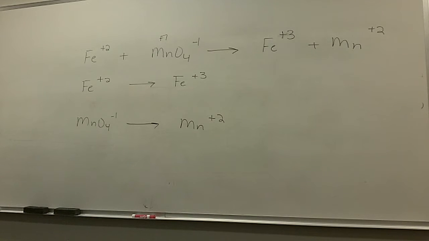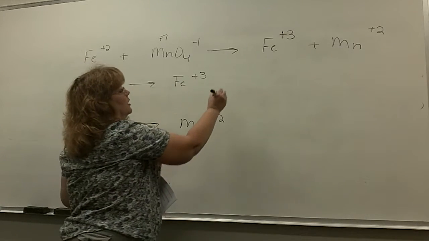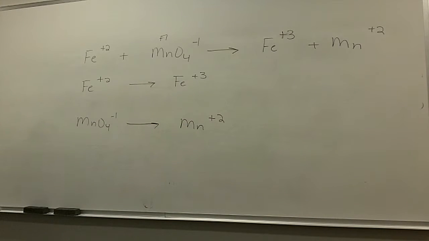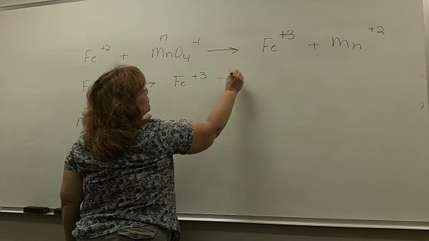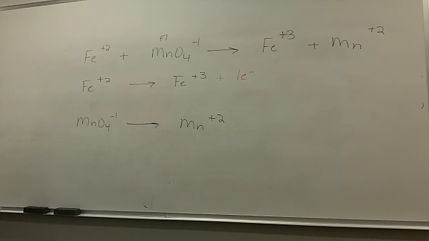But now we're going to go in and adjust the charges, right? So if I'm going from a +2 here to a +3 here, to make them the same, I'm going to add +1 electron here. Now what am I going to do on the other side?